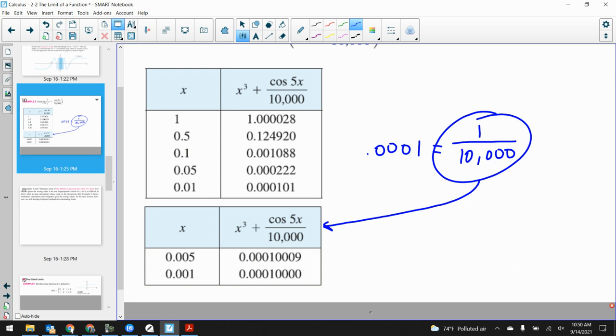We're going to find that as x keeps getting smaller and smaller, as x goes to 0, that's going to go to 0. That's going to get canceled out, basically. And then we're going to see that cosine of 5x converges to 1. And then we're going to say, okay, since cosine of x converges to 1, this whole thing goes to 1/10,000. Okay? But then again, that's for later on.